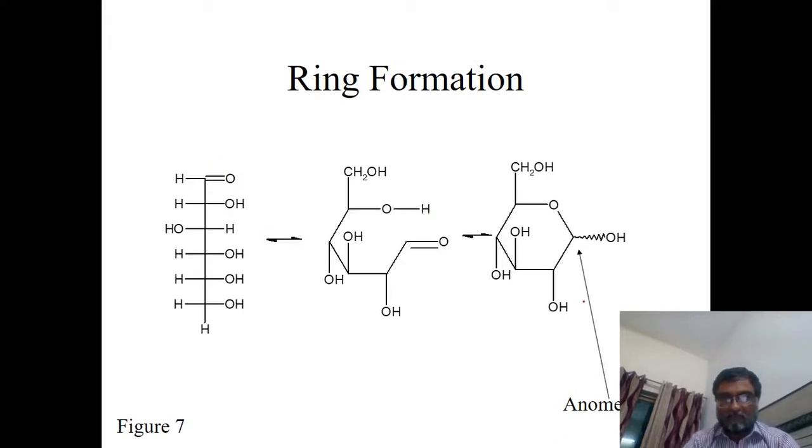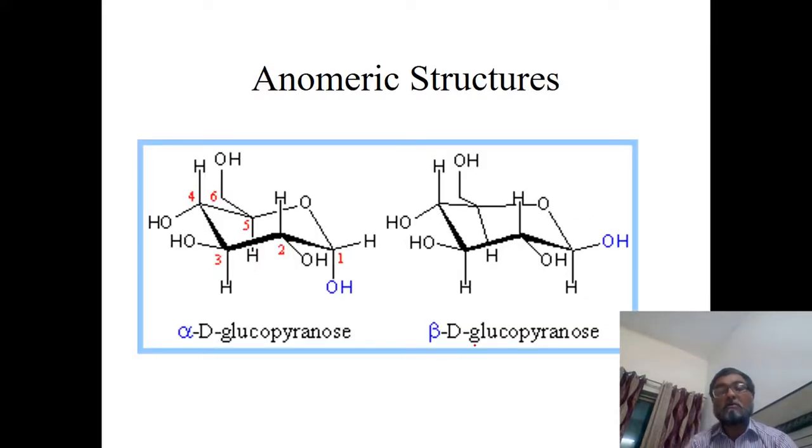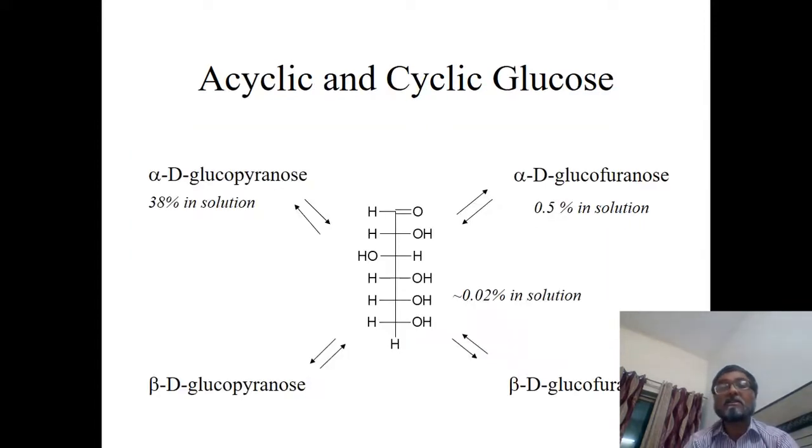I have told you earlier the first carbon is called the anomeric type of carbon. This carbon here is the anomeric carbon. When the ring structure is formed, that anomeric carbon is involved in forming it. That can be best described in the chair type of structure we have discussed in the class.